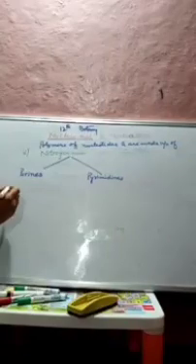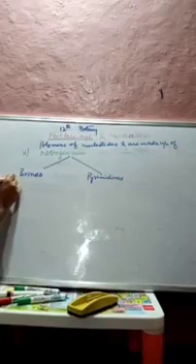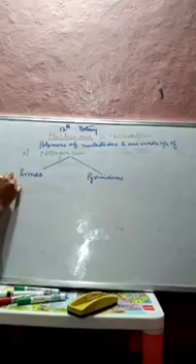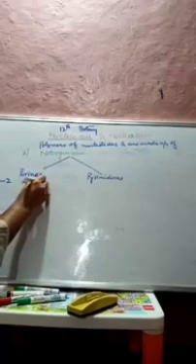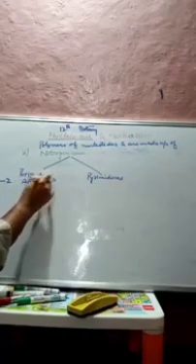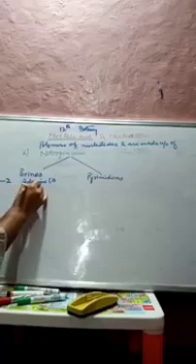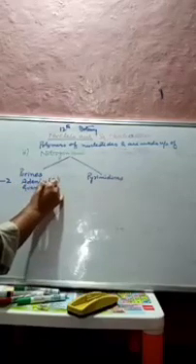Purines, we have got 2: the first one is adenine, and the second one is guanine. And pyrimidines we have got 3 in total. Which are they?